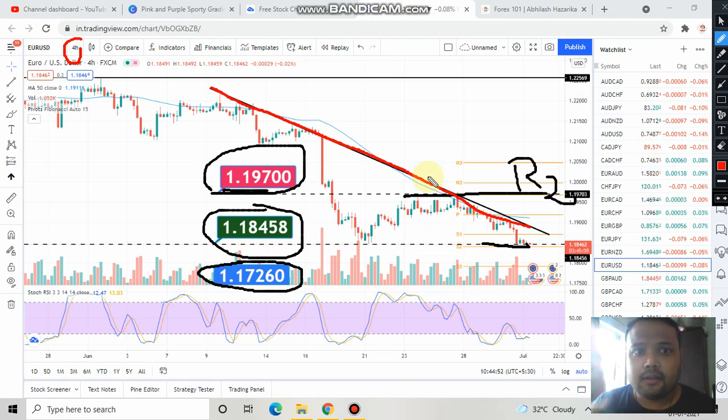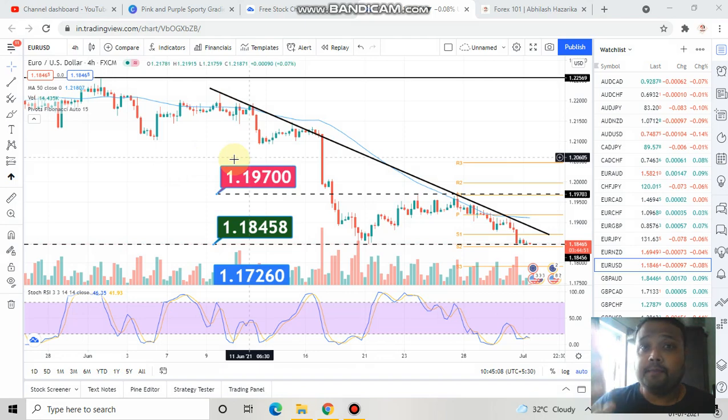Second resistance is this level 1.1970. This was the high that market made in the previous week when market was trying to recover the loss. So we have a few levels here, but the sad part is that we do not have any proper support level on the chart of Euro USD.